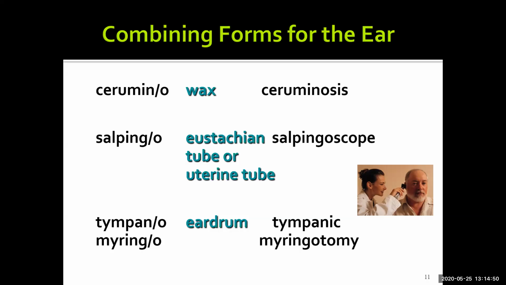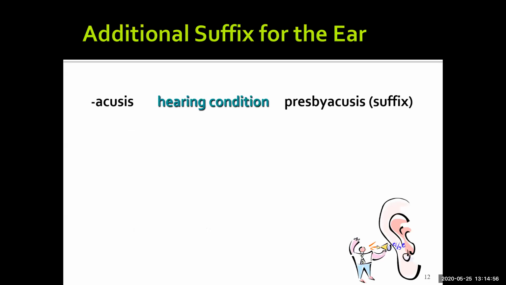Tympano and myringo are both eardrum, tympanic, myringotomy, so incision into. Acusis refers to hearing condition, so presbyacusis. Remember, presby meaning age or old age, so hearing loss or hearing condition related to age.